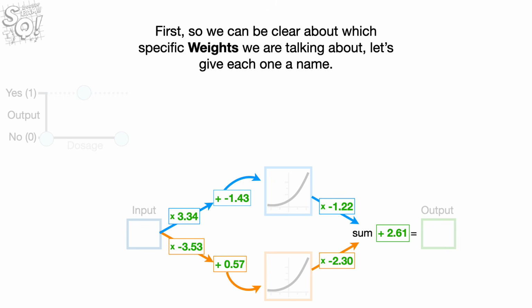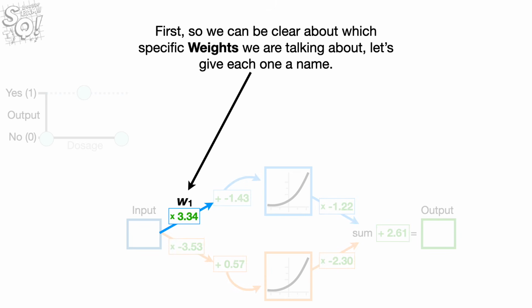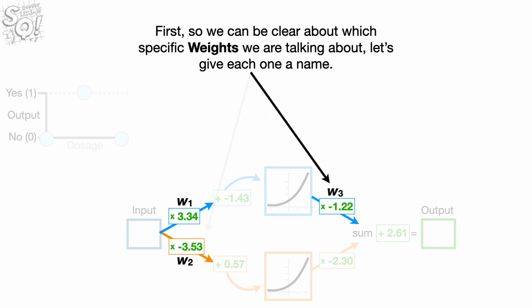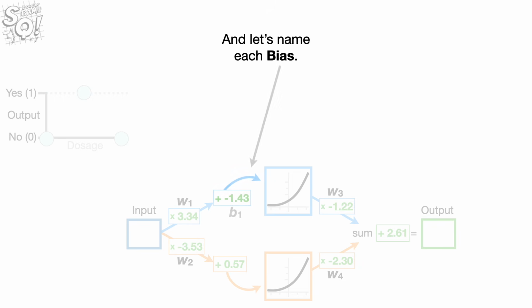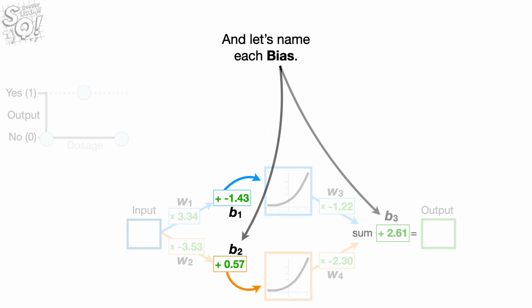First, so we can be clear about which specific weights we are talking about, let's give each one a name. We have W sub 1, W sub 2, W sub 3, and W sub 4. And let's name each bias. B sub 1, B sub 2, and B sub 3.